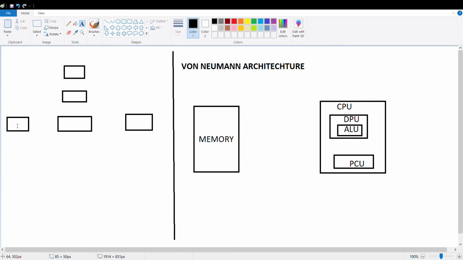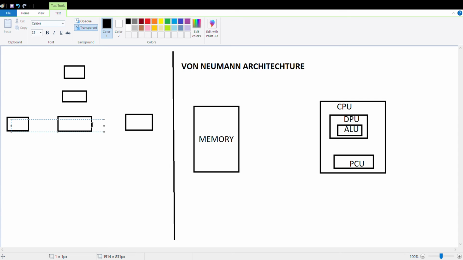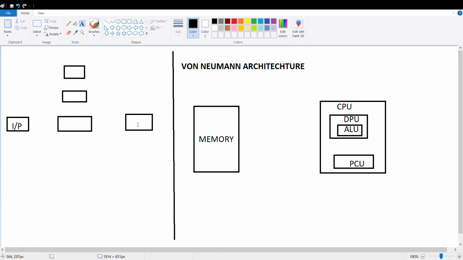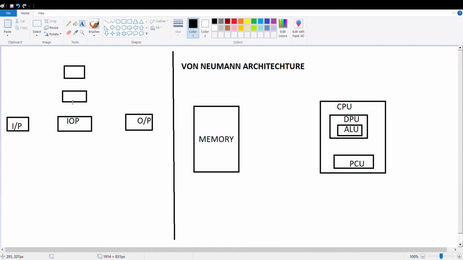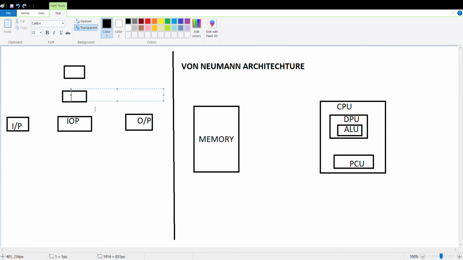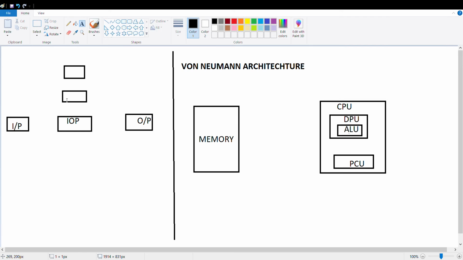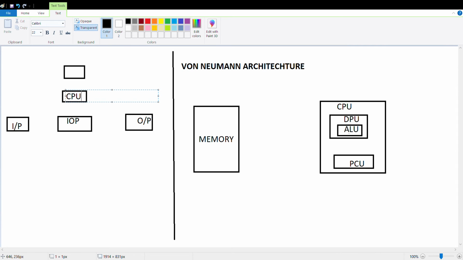Let me label these. This is input, this is output, and this is the IOP, that is input output processor, and this is the CPU, and this is RAM.